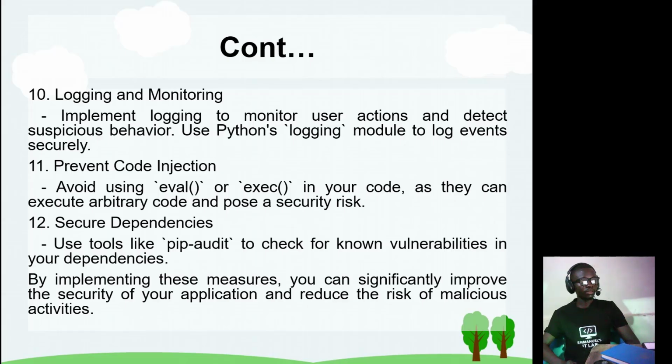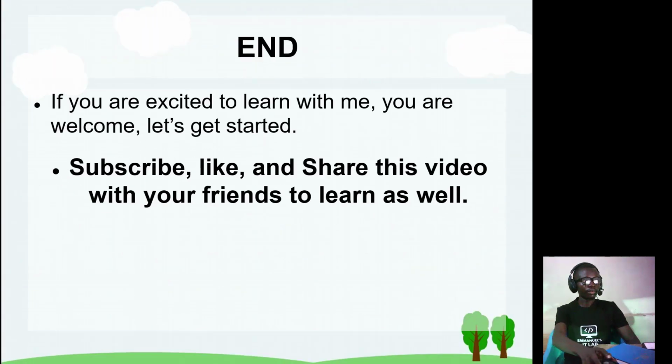Secure dependencies. Use tools like pip audit to check for known vulnerabilities in your dependencies. By implementing these measures, you can significantly improve the security of your application and reduce the risk of malicious activities. In case you're excited to learn with me again, go ahead, finish up here and let us meet again.